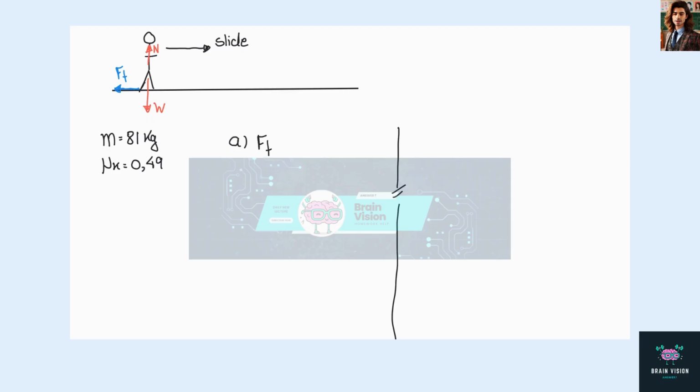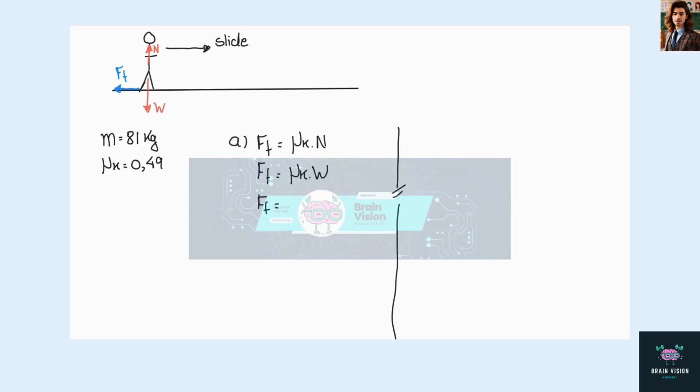The frictional force, in that case where the player is already moving, is given by the kinetic frictional coefficient times the normal force. But in this situation, the normal force is exactly counterbalanced by the weight force. Therefore, the frictional force equals the kinetic frictional coefficient times the weight force.